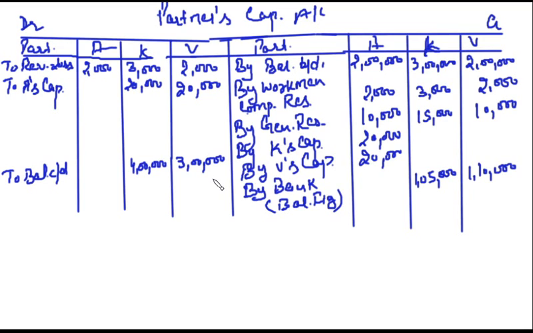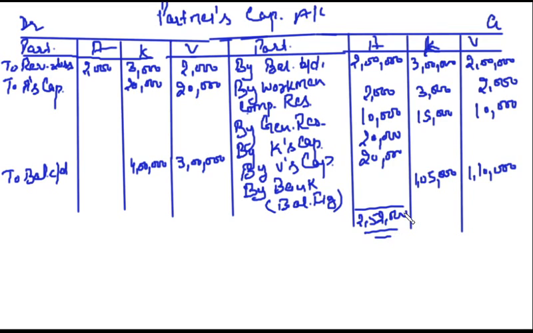Okay. Now we have to find out the payment that is required to be made to the retiring partner. How much payment? 2 lakh plus 52,000, 2,52,000. Isn't it? Yes, 2,52,000. So this total is 2,52,000.